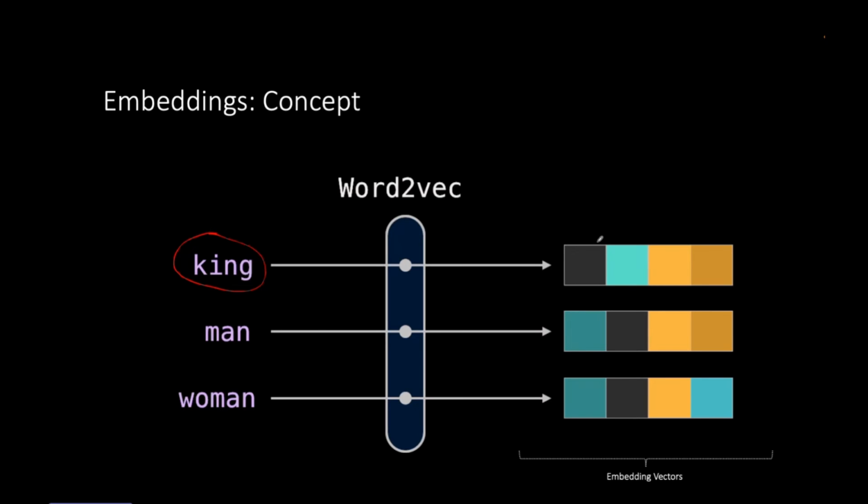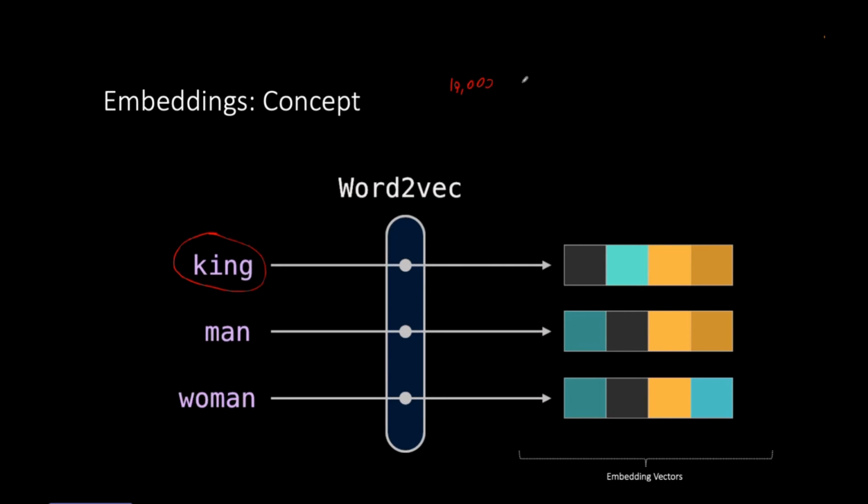And this vector is a vector of values. In our previous case, it was one-hot encoded, so there were all zeros except one position where this was one. Let's say you have 10,000 words in your vocabulary.